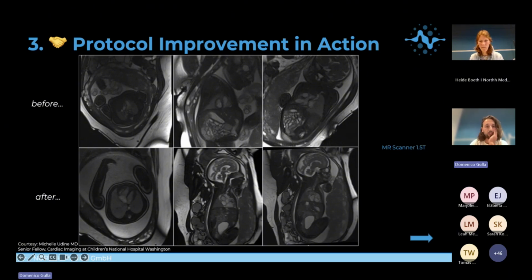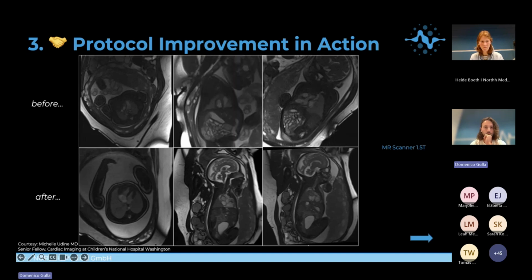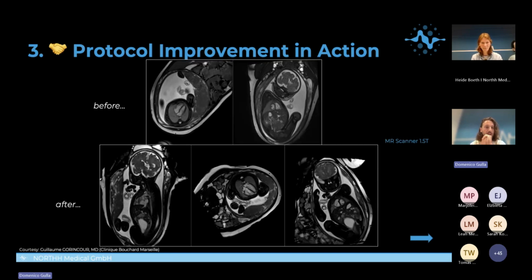In the last slides, I want to show this, during outside support in two different sessions at two different times. In this case it was in Marseille, in the Clinique Bouchard with Guillaume Corbier. We did the first examination of fetal cardiac MRI, and of course the first time it's difficult to get really nice image quality, because it's not so easy.